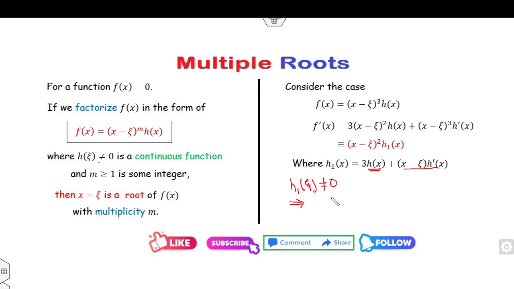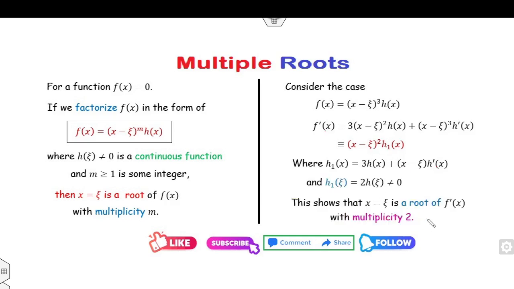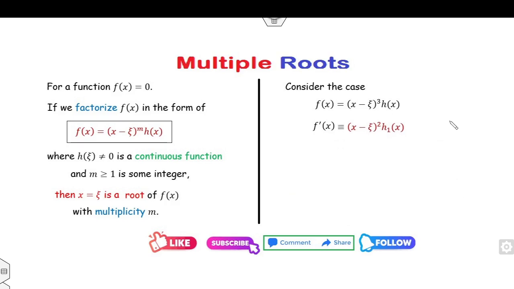What does it mean? Again, x equal to xi is a root of f'(x) with multiplicity, and the power is 2. Now similarly, f(xi) is 0, f'(xi) is 0. You have to do this until you get a non-zero value. Then I can find the second derivative.